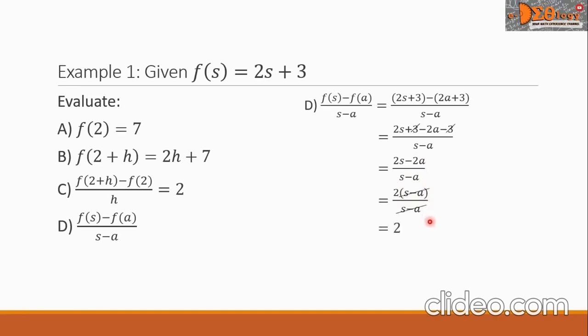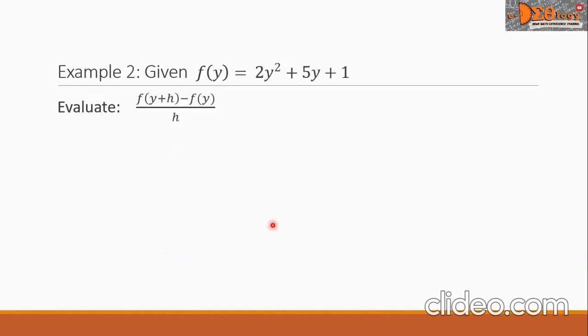So the final answer is 2. And we copy this answer opposite this letter D. So we finally completed our answers for example 1. These are our final answers.